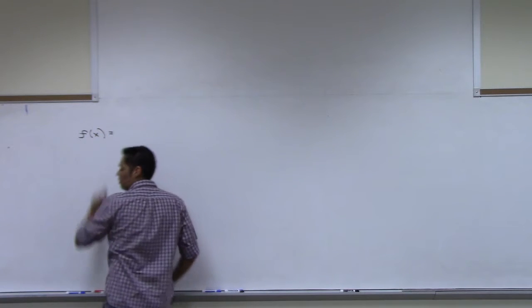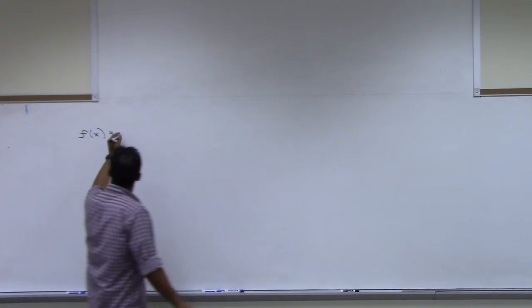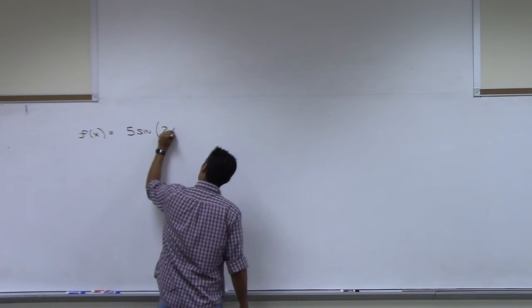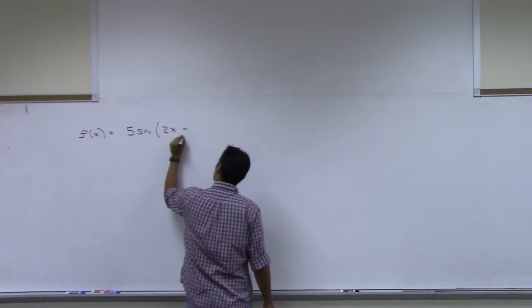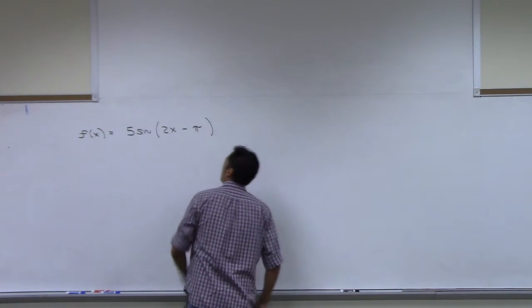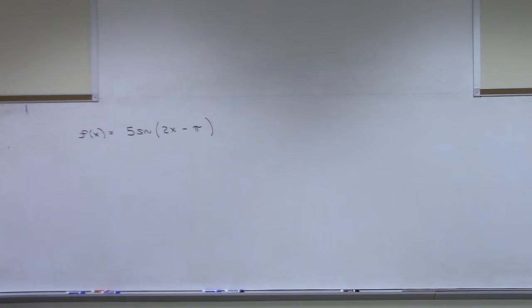F of x equals 5 sine of 2x minus pi. It's a sine curve.